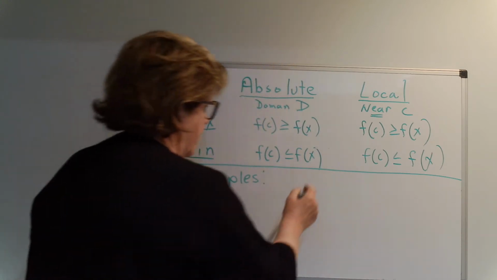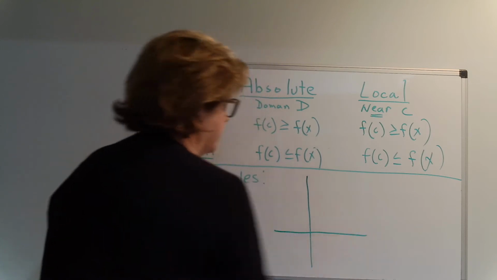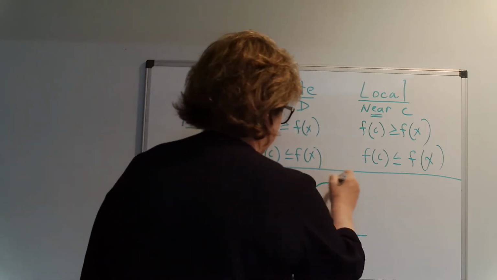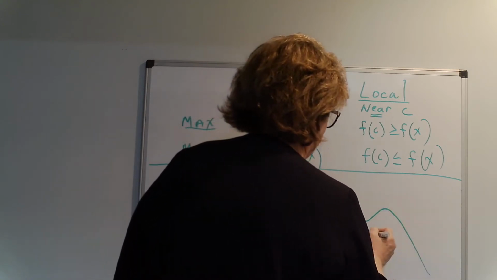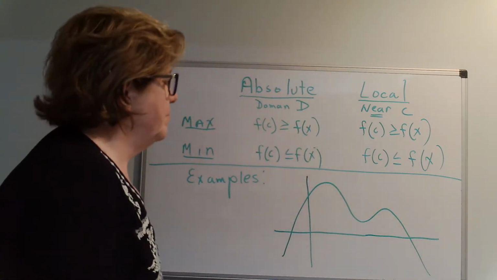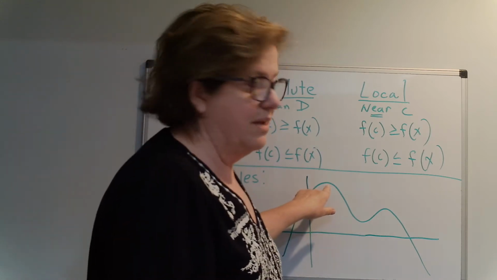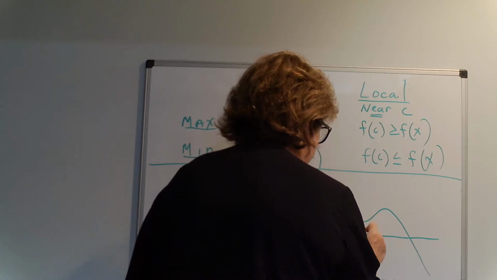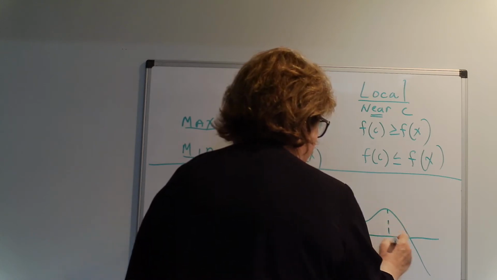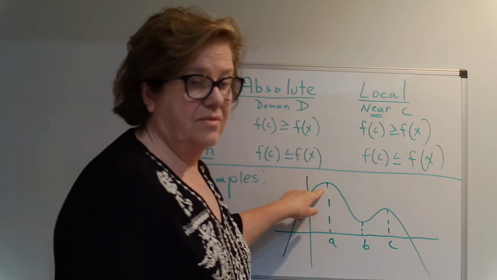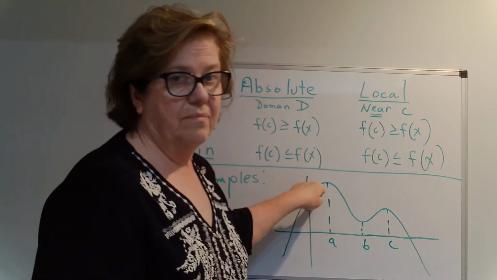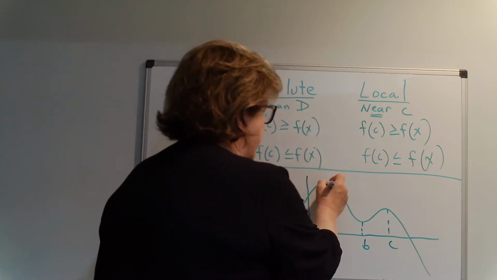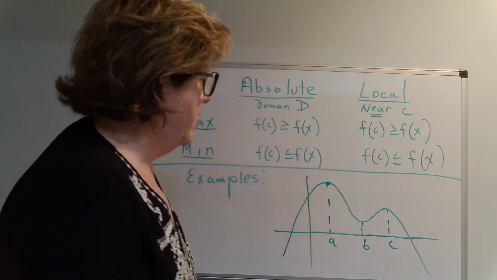Here's an example of an absolute maximum that's not a local maximum. I'm sorry. Here's an example of an absolute maximum. So at A, f at A is a maximum, and it's an absolute maximum because this y value is bigger than any other y value on the whole domain.